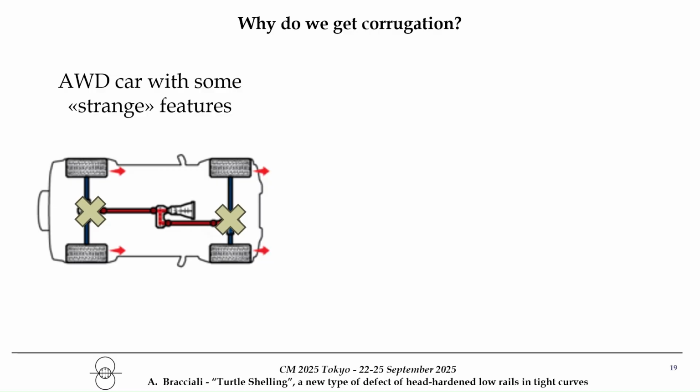But if you weld the steering column, it is hard to do any kind of curve, so you are forced to go straight. So an all-wheel drive with 2 locked differentials and a welded steering column is exactly the same as a railway bogie.